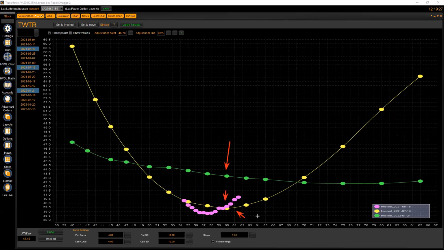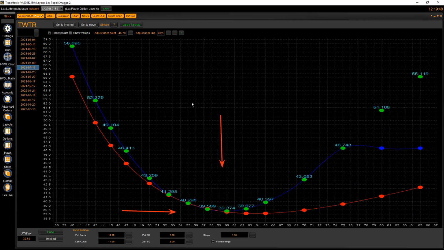Doesn't mean that there's necessarily a play there, because you could have an earnings play in a farther out month. So you've got to keep track of all that and understand that. There could be news events farther out, which would cause implied volatility in a farther out month curve to be elevated versus the nearer term curves. Okay, so that's just another way that you can play skew values as such.